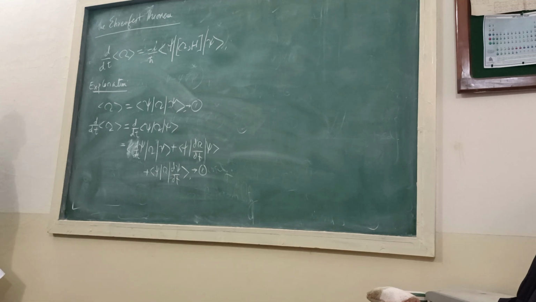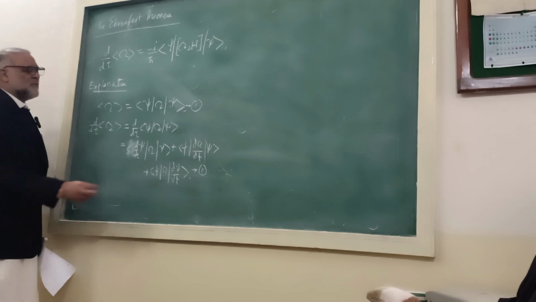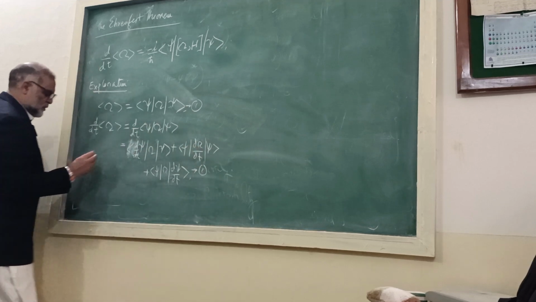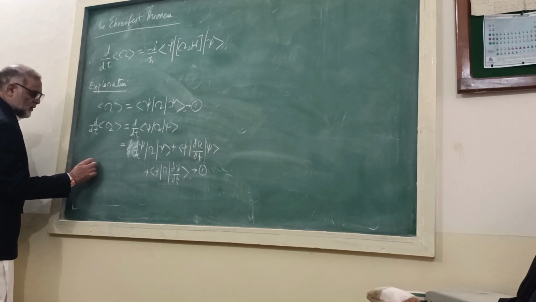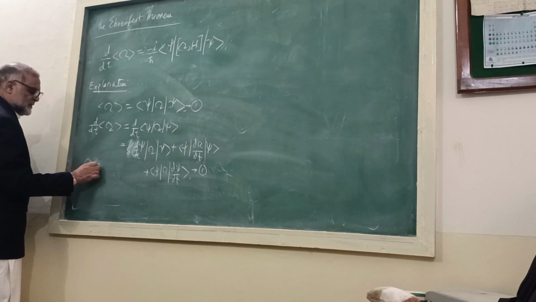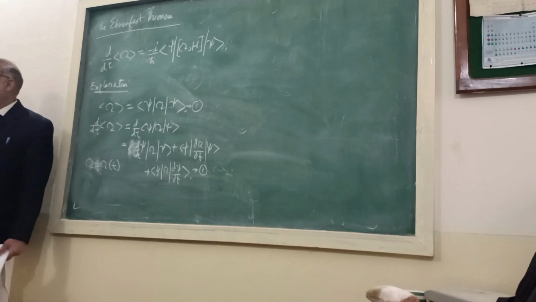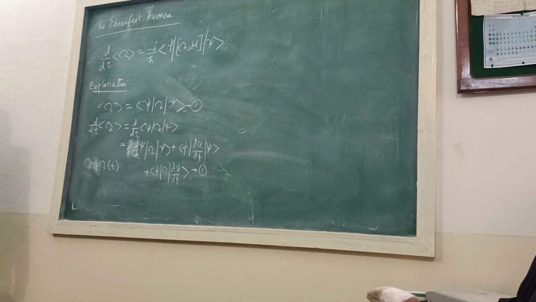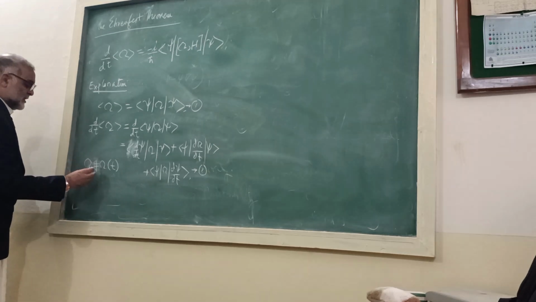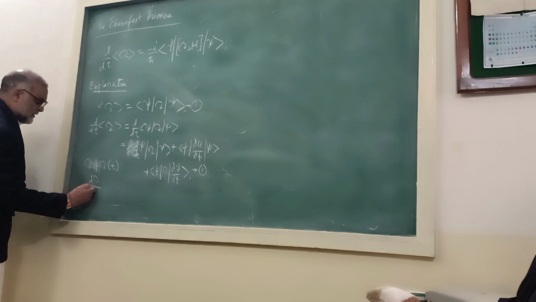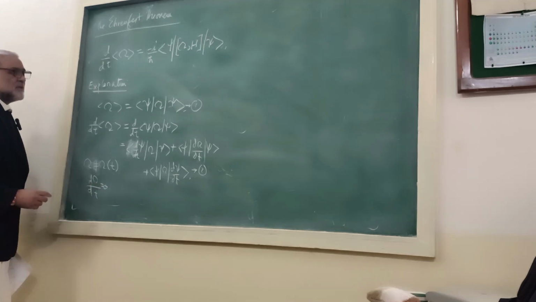Now here is d omega by dt. Suppose omega is not explicitly a function of time. Then d omega by dt will be equal to 0, correct?